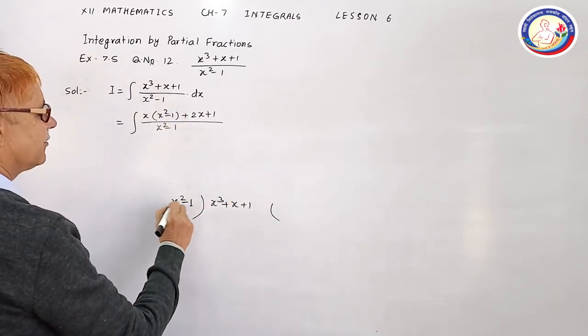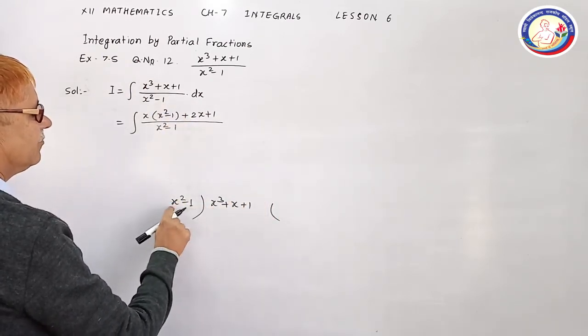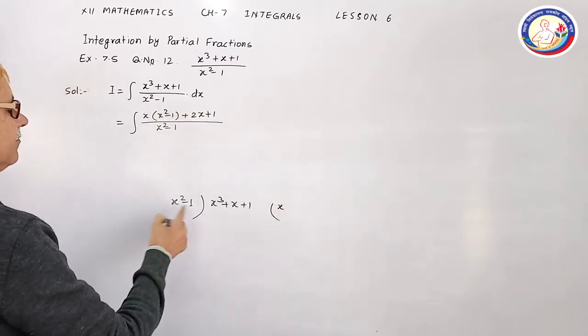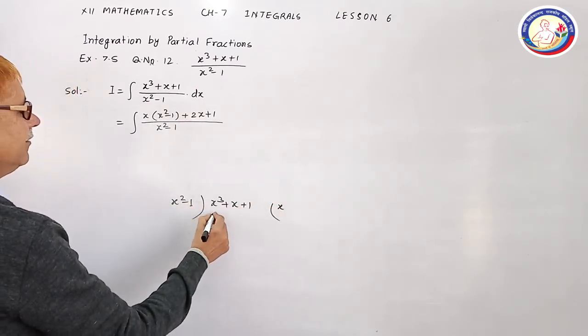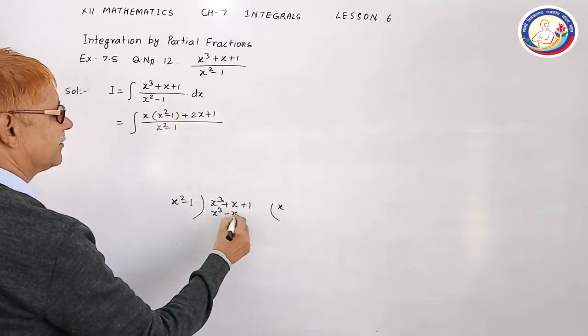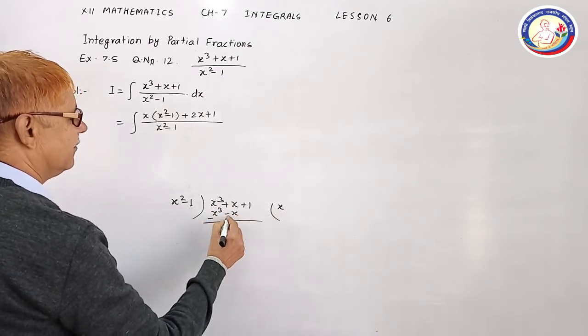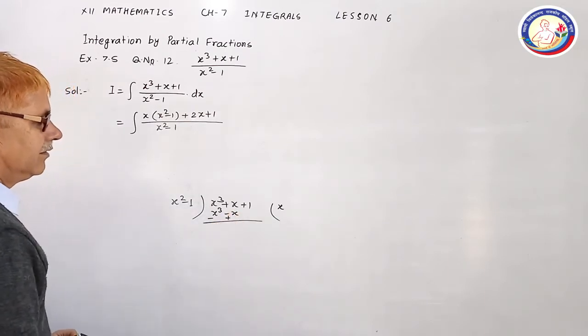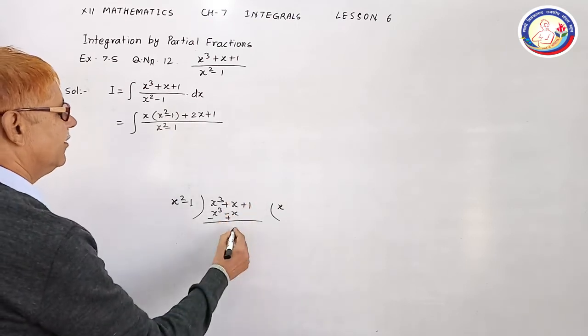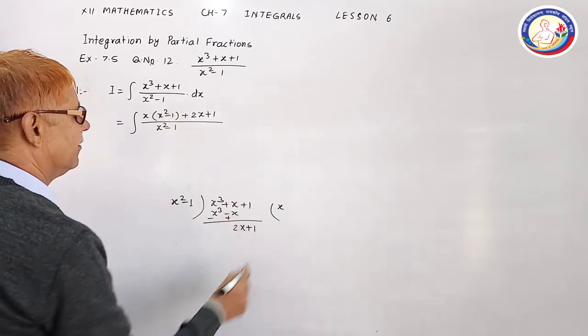So we will divide x cube by x square, we will get x as quotient. So multiply this by x, we will get x cube, and minus 1 times x, this is minus x. Then subtract with changing the signs of this, x cube minus x, we will get 2x plus 1.